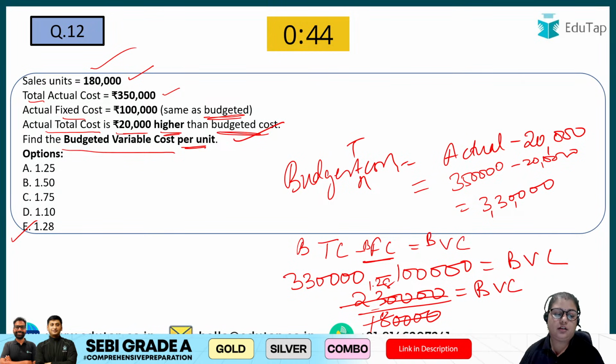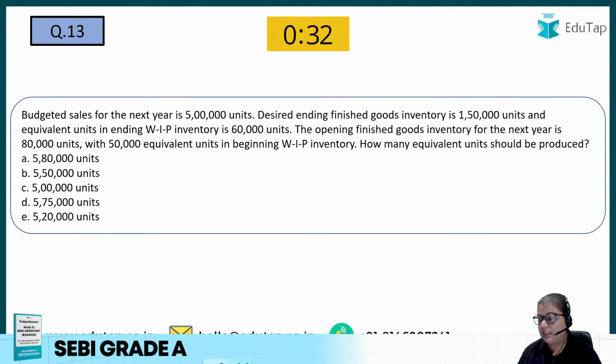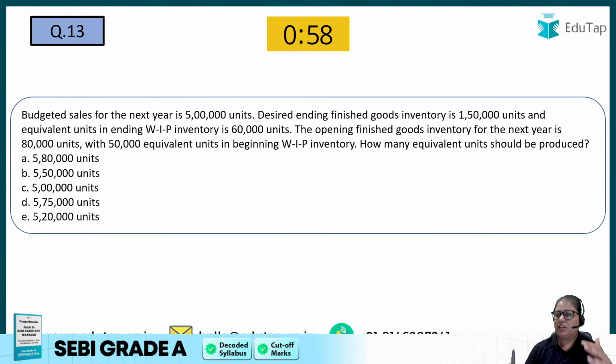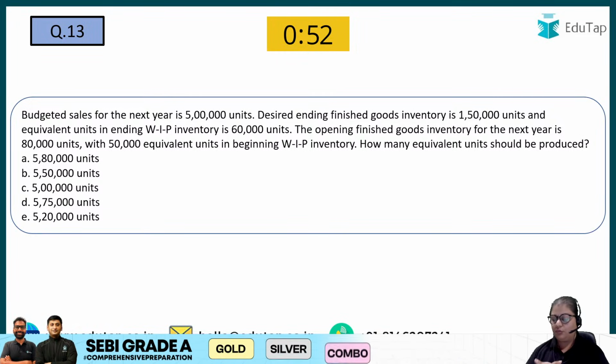You can just try and round it off and see the closest option is 1.28. So you're right, the option E in the case of question 12 is right. Okay, I hope this is easy. And these type of questions have come in the previous year also, similar type of questions, and it's very easy in phase 1 and phase 2.